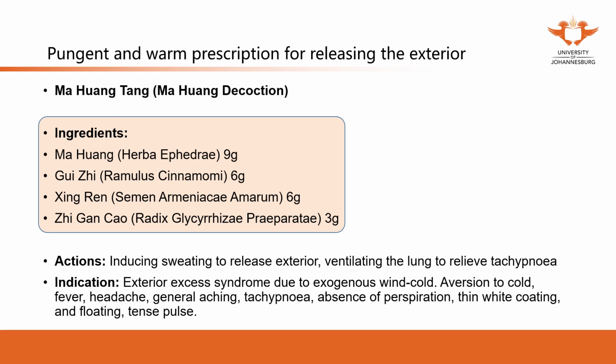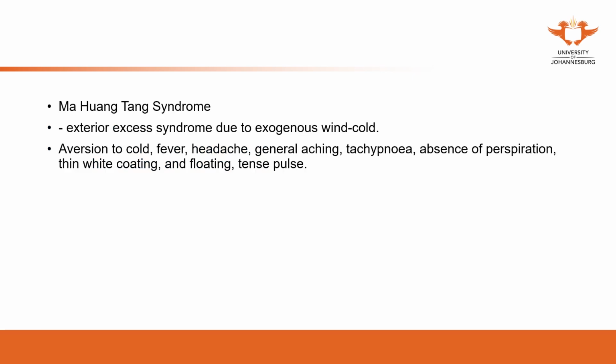Mahwangtang consists of 4 ingredients: 麻黄、桂枝、杏仁、炙甘草。炙甘草 is actually 甘草, but this 甘草 is processed with honey. This formula is used for mahwangtang syndrome. What does it mean by mahwangtang syndrome?